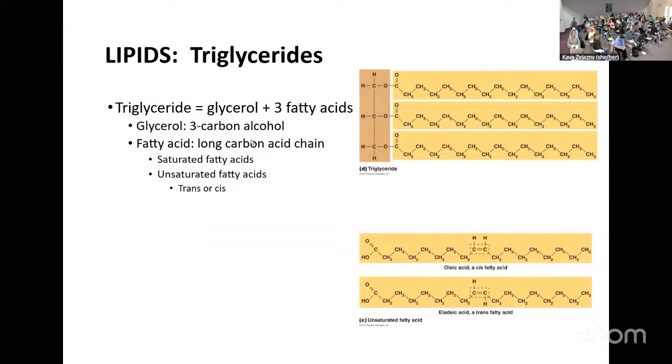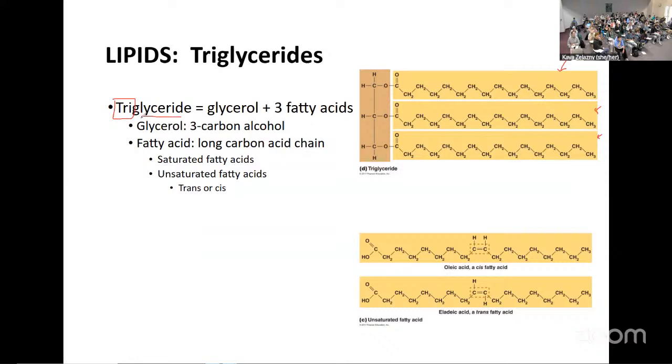So we're going to look at a triglyceride first, because that's our classic example of a lipid. It's called a triglyceride because it has 3, so tri, fatty acids. The fatty acids are these big yellow chunks that we can see on the right-hand side, okay, attached to a glycerol backbone.